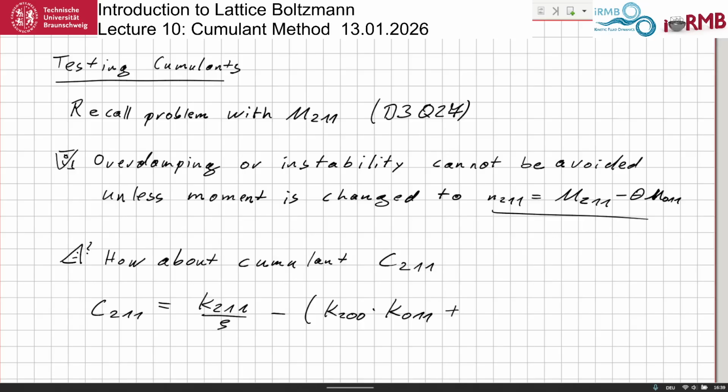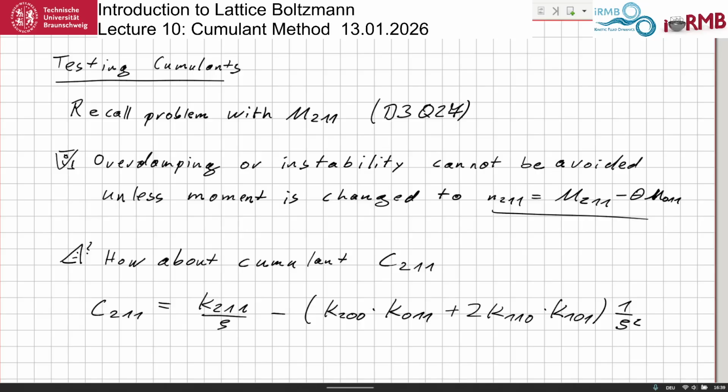This does not happen when you transform from central to raw moments, where there is only a polynomial in the first moments, not in higher moments. Here we get a polynomial in higher moments. So plus 2 K110 times K101, and this divided by rho squared.